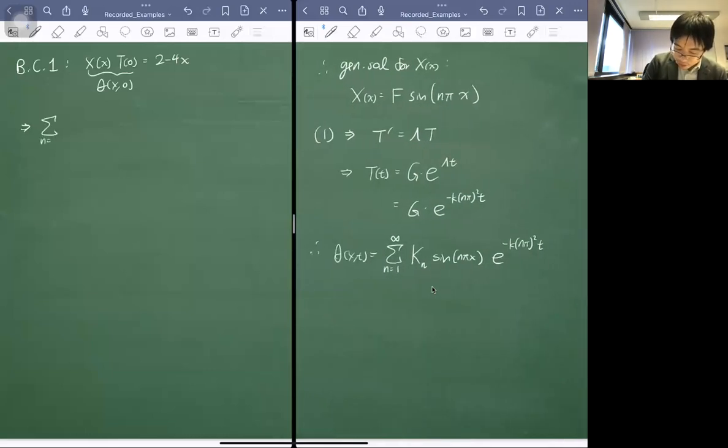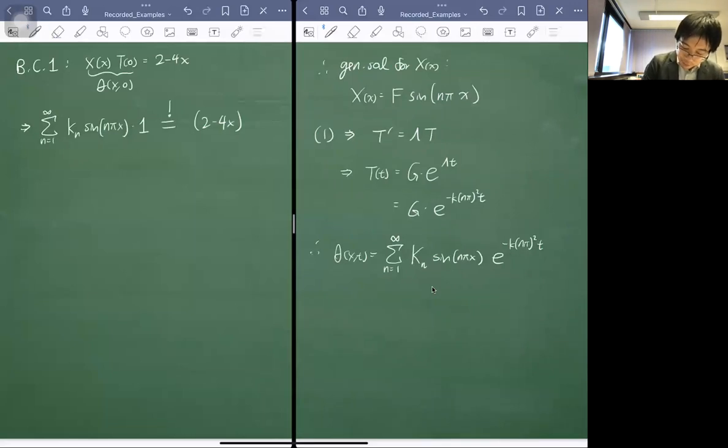So sum from 1 to infinity, k_n sine of n pi x times 1, because we plug in 0, and we want this to equal 2 minus 4x. So now we can do the classic thing of projecting out the k_n's with orthogonality. So we multiply by the orthogonal combination over here.